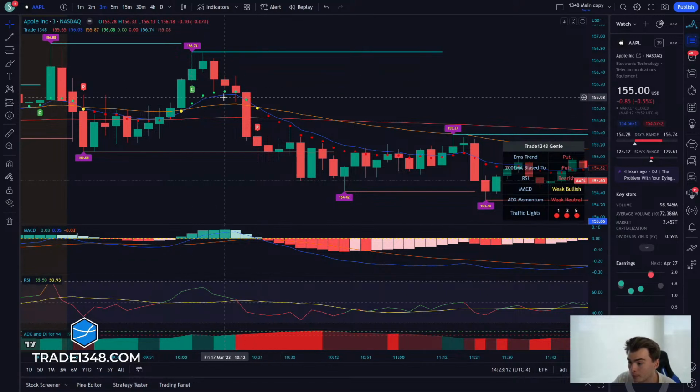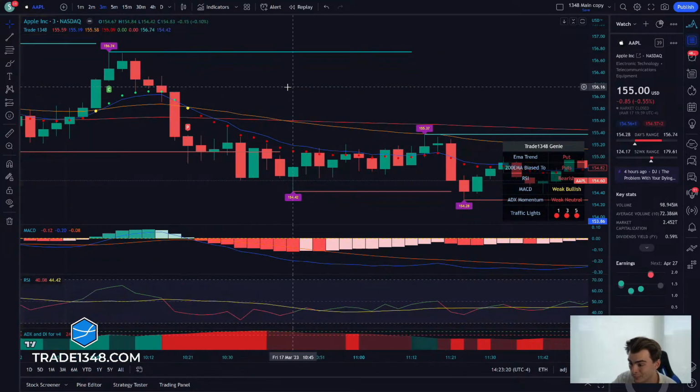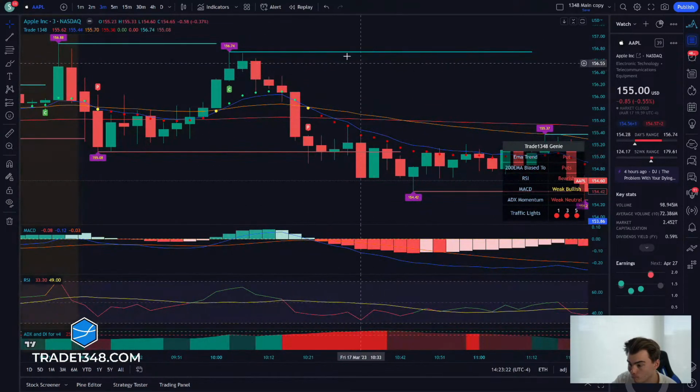Now, this is dynamic. So it's constantly moving while the candle is doing its thing. Ideally, what you want to do is enter when the EMA value of the blue line and the traffic light are equal.